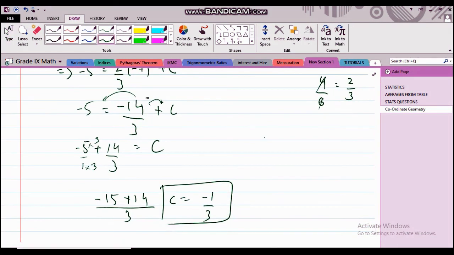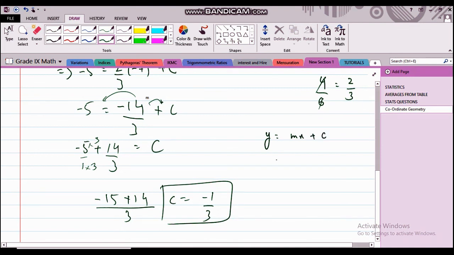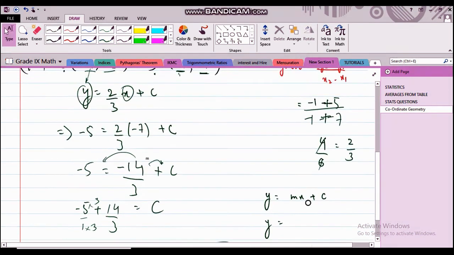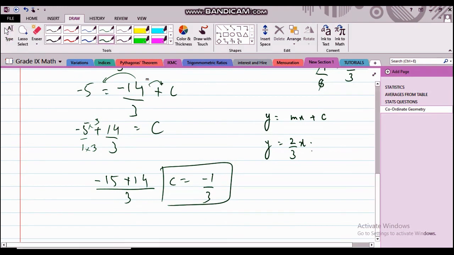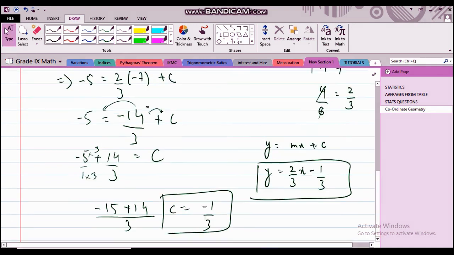So I had the equation y is equal to mx plus c, and we took m out earlier, that is 2 over 3. So in place of m comes 2 over 3, then x, then c, that is minus 1 over 3. So plus and minus would make this minus 1 over 3. This is our equation, and this is how you can write down the equation of any line. Thank you, that's it.